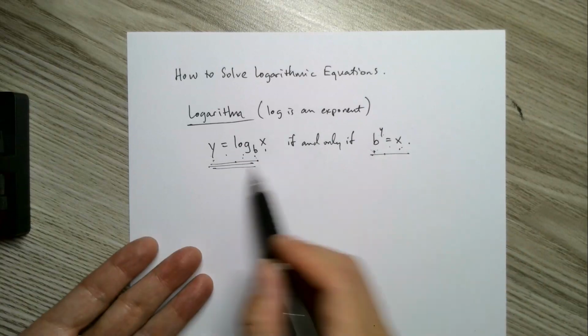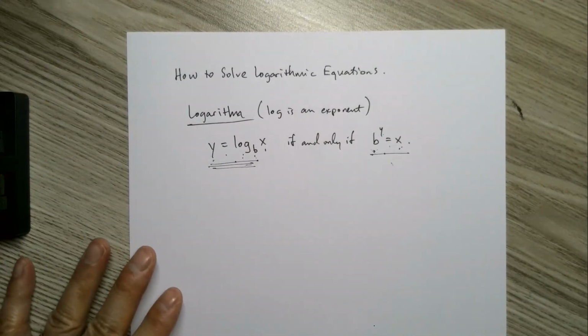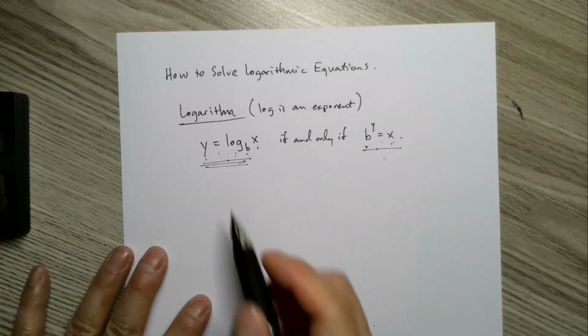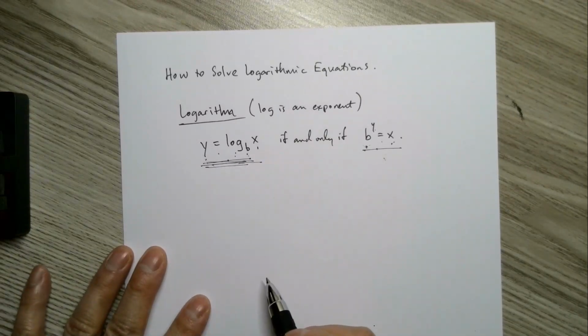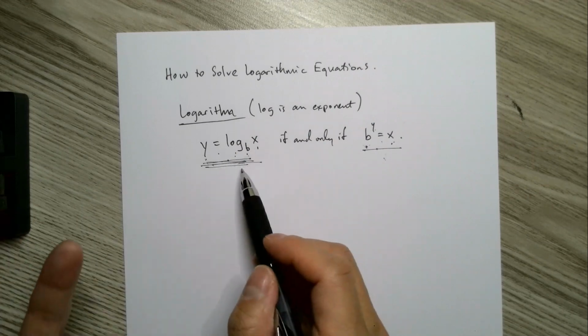These two equations are expressing the same interaction between b, y, and x. So now that we know the relationship, we can solve for either y, b, or x if we're given 2 out of the 3 values.